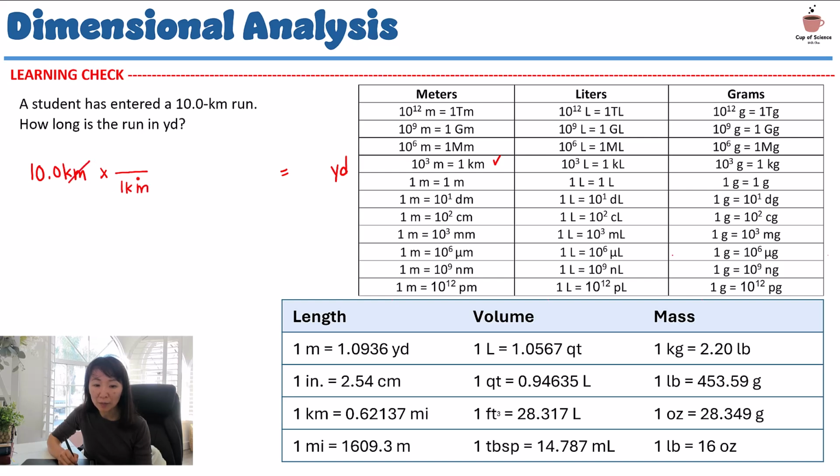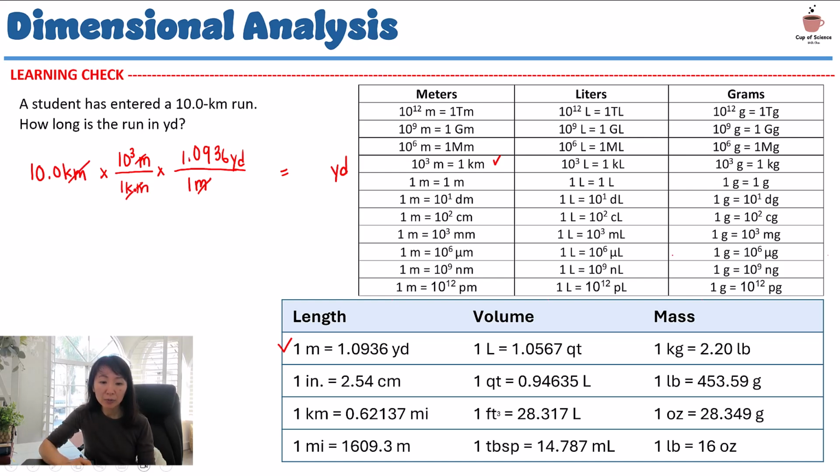So that kilometers could cancel out, there are 10 to the third meters. Okay, we're not quite there yet, almost. Then every 1 meter, and this is what I'm going to be using, 1 meter, 1.0936 yard. Okay, now I can get my final answer in yard because that's the unit that is left over.